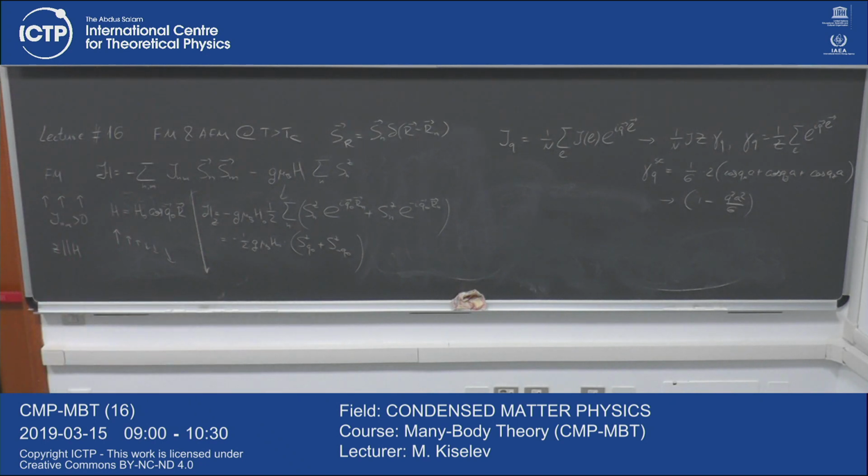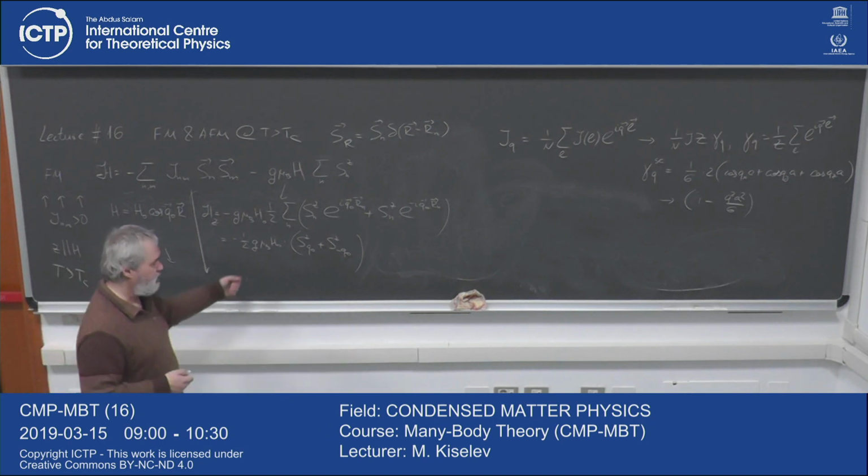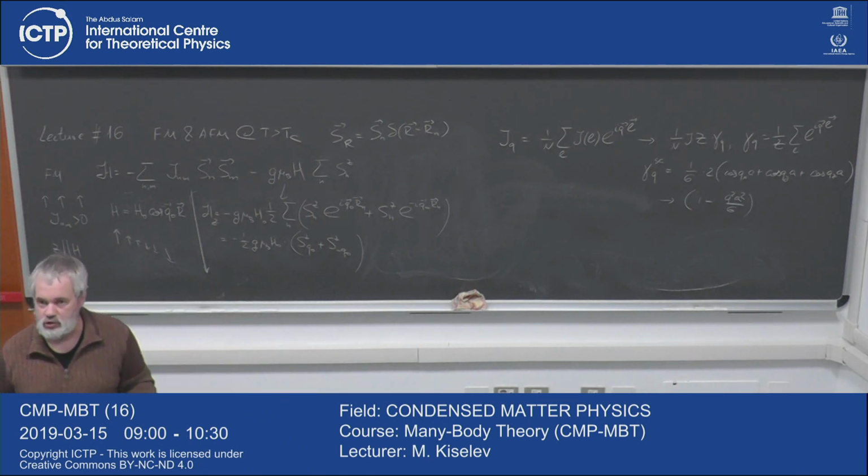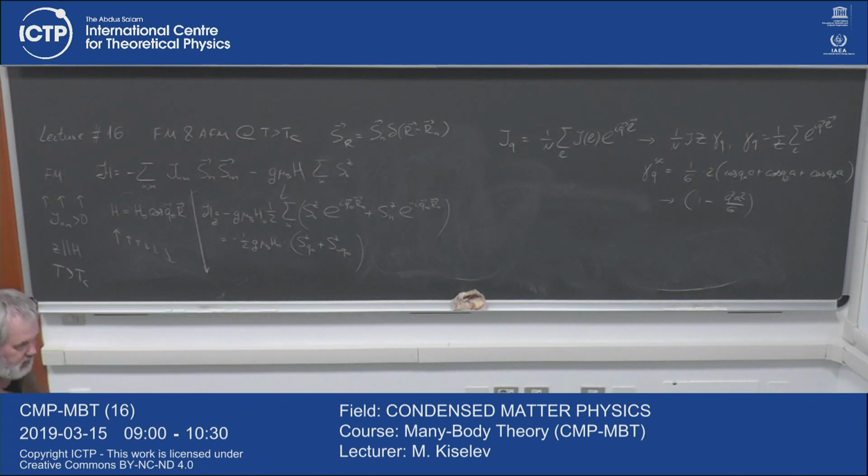We are at temperatures above T_c. T_c still needs to be defined. So this is a paramagnetic phase, which means that any magnetization induced in the system in the linear response regime will be proportional to the applied magnetic field.